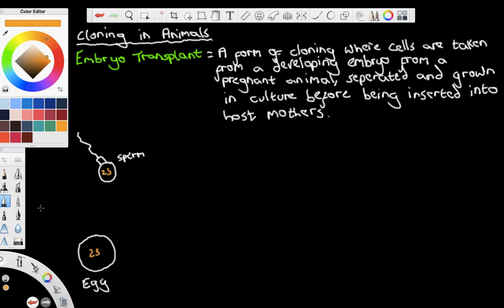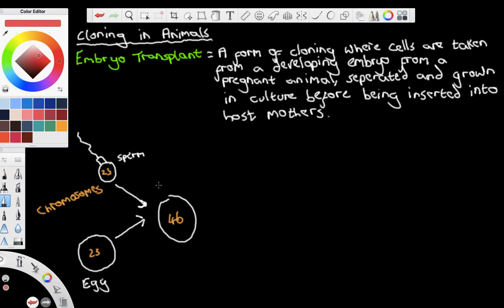So in orange are my chromosomes. When these join together, this is known as fertilization. Okay, we have a process of fertilization taking place where we've got the first cell of the developing organism, and in the case of humans, it would have 46 chromosomes inside of it.